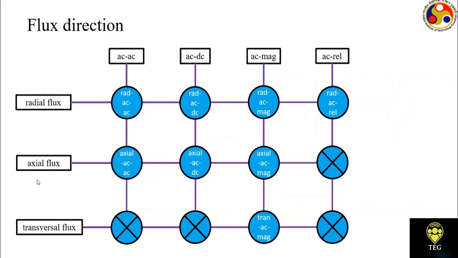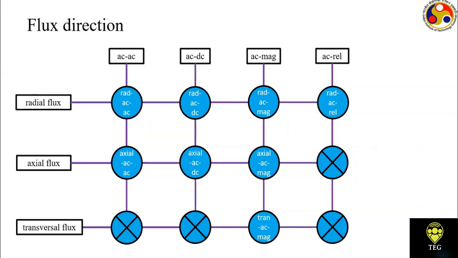Whereas for the axial flux, you cannot have a machine where the rotor has a reluctance nature and you want an axial direction of the magnetic field. That is not possible, because in that case we cannot produce electromagnetic torque.